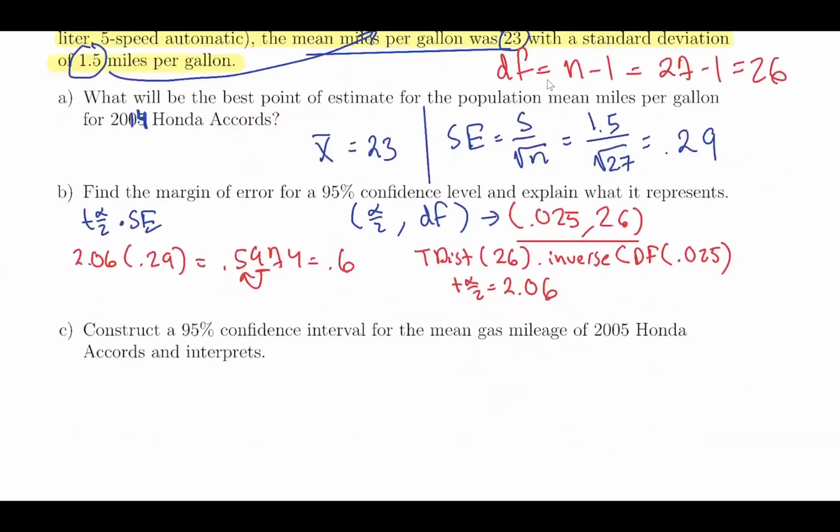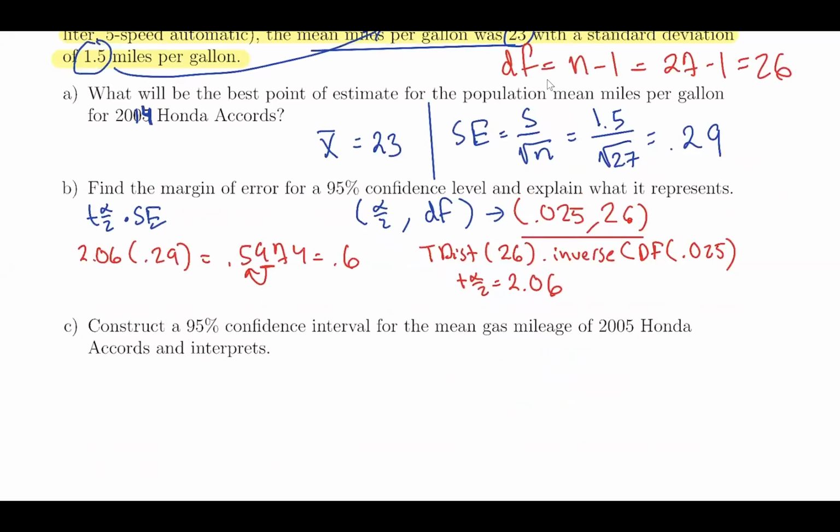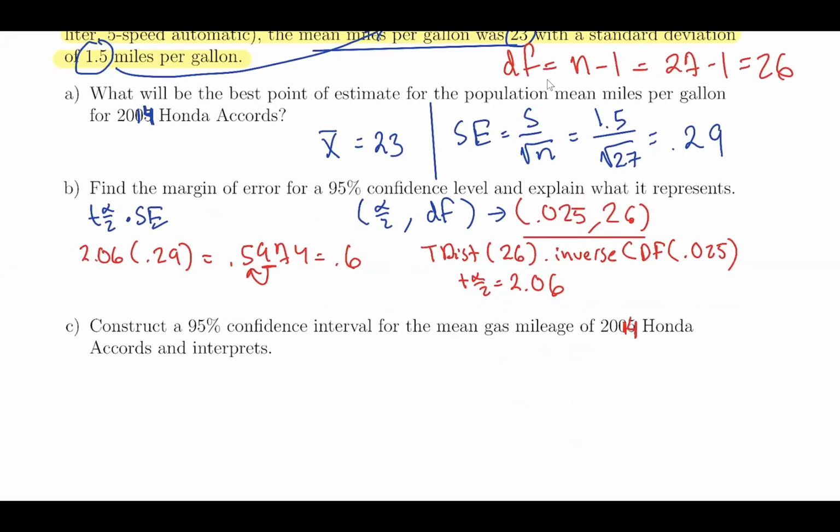All right, so let's do C. If you look at C, it said construct a 95% confidence interval for the mean gas mileage of 2005, well, typo, so let's say 2014 Honda Accord, and interpret. All right, so let's do the 95% confidence interval. We have the point estimate of 23, which we found in part A, and the margin of error of 0.6 that we found in part B. So all we have to do is 23 plus or minus 0.6.